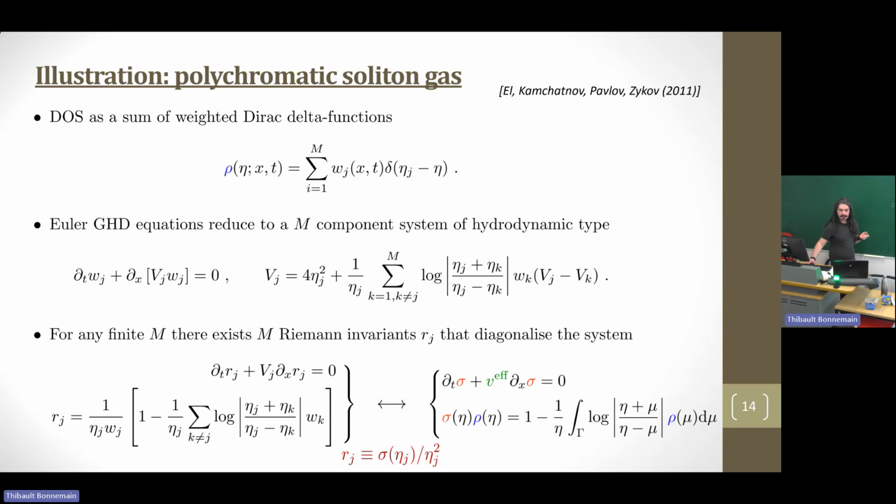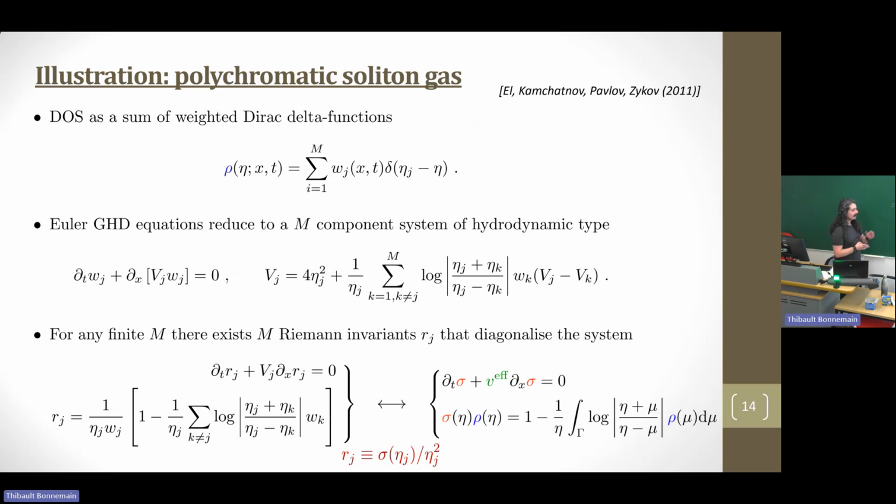In fact, this is consistent with my previous claim that sigma of eta is an analogous Riemann invariant of the system. So here, if you define R_j as sigma of eta_j, this eta squared factor can be factored out in the hydrodynamic equation, and everything stays consistent.